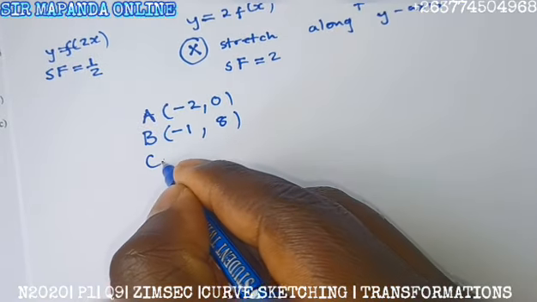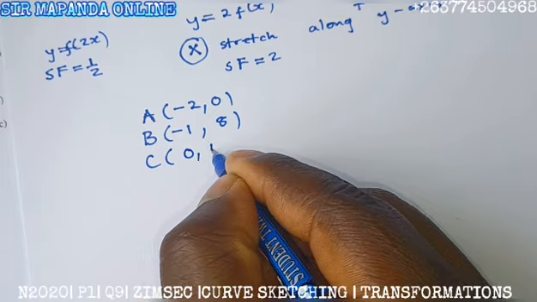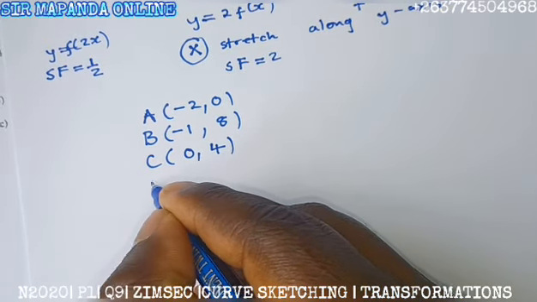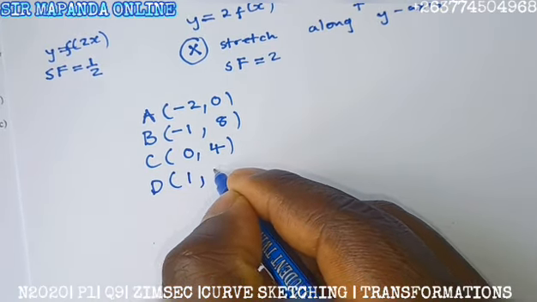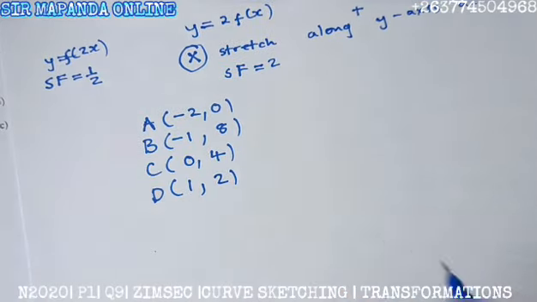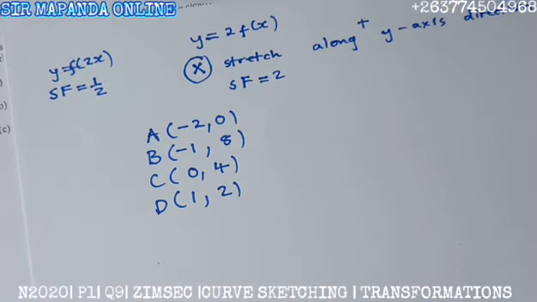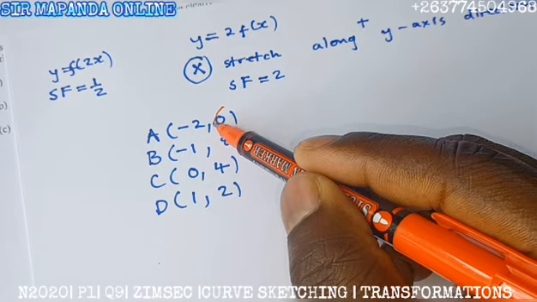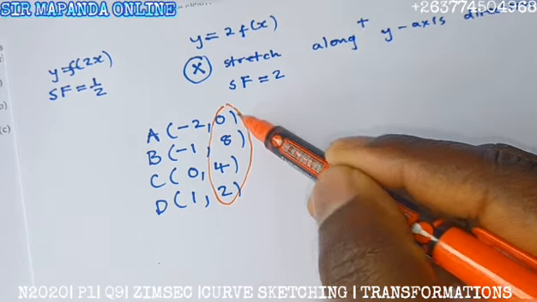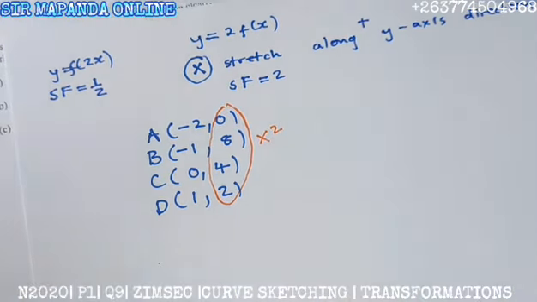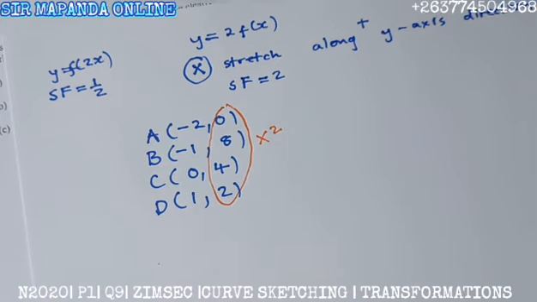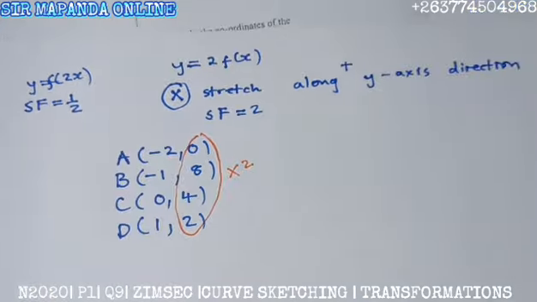The original point C, we have 0 and 4. The original point D, we have 1 and 2, something like this. So all the values of y here are going to be multiplied by 2, which is our stretch factor, whilst the values of x remain the same.